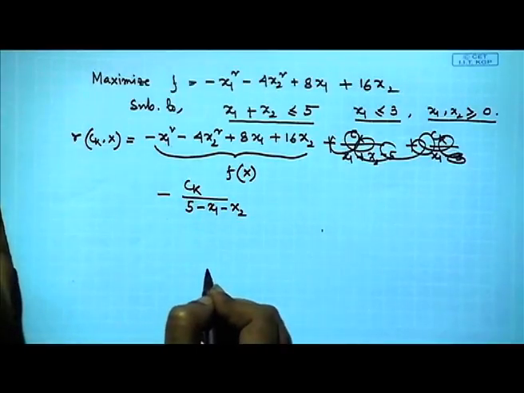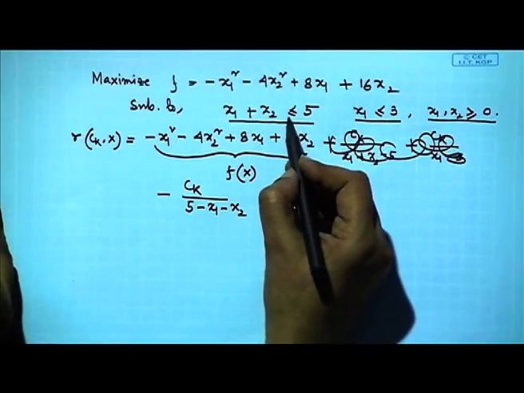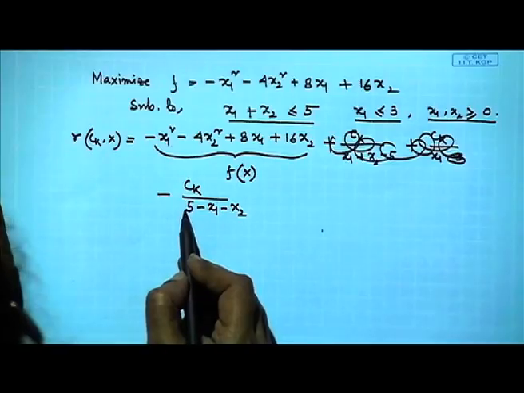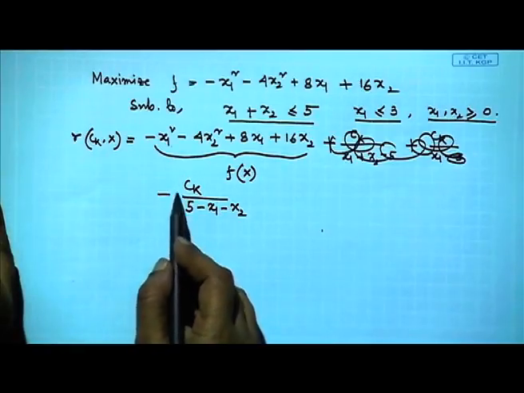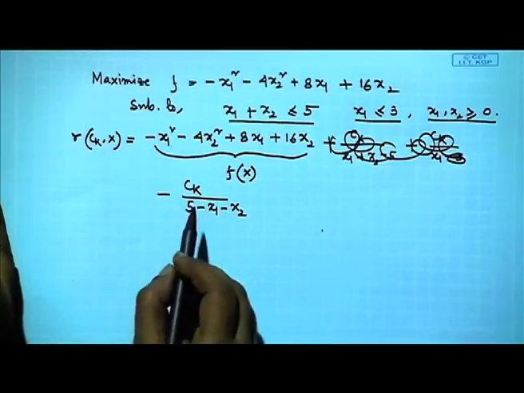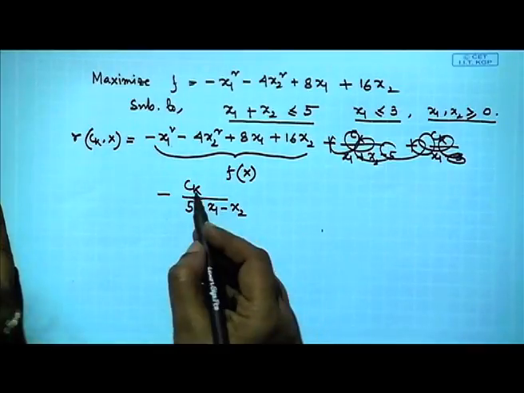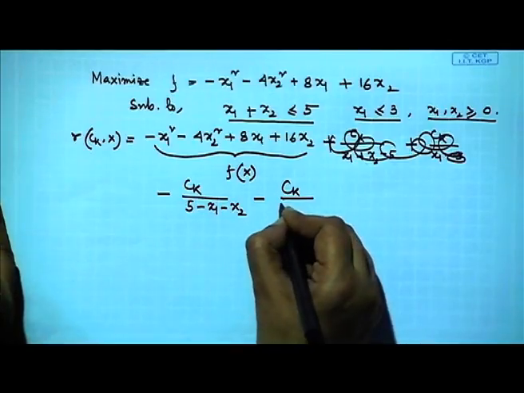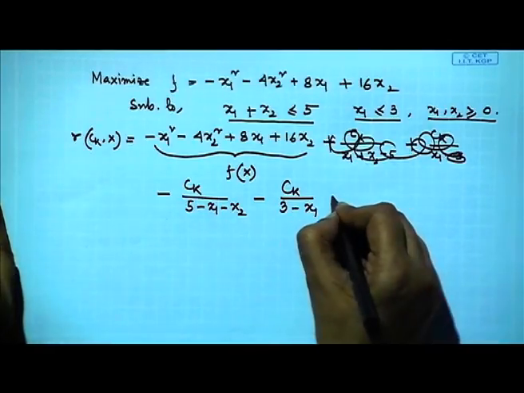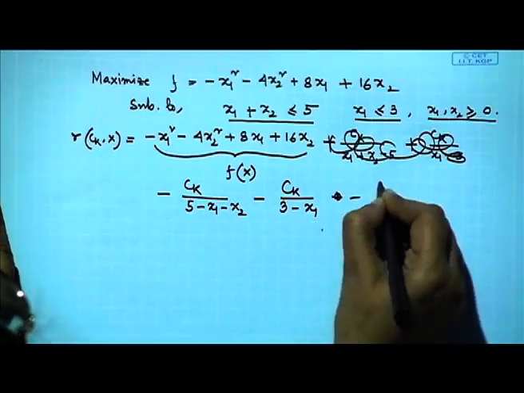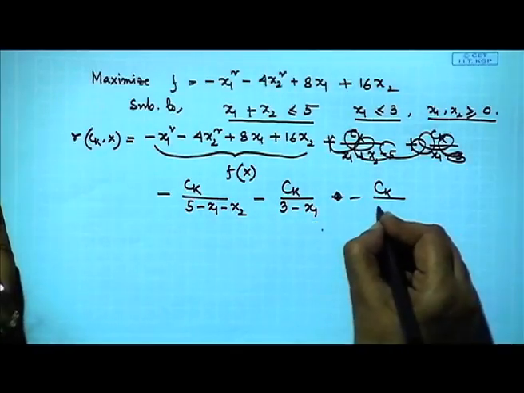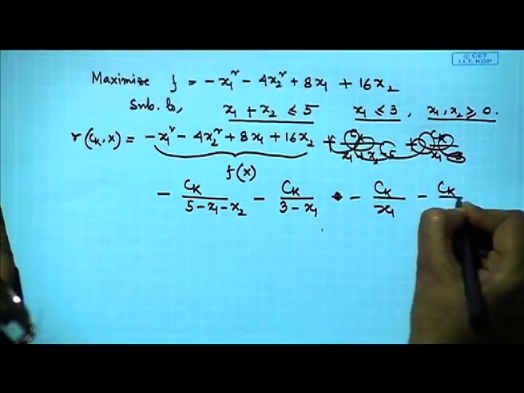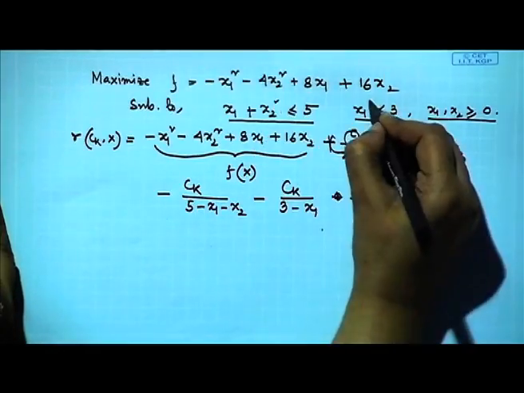If you want to keep it in the less than or equal to type, then you have to take the barrier function as a positive value, plus ck divided by that one. Otherwise, you have to take it this way, minus ck divided by 3 minus x1, minus ck divided by x1, minus ck divided by x2, from the 4 constraints.